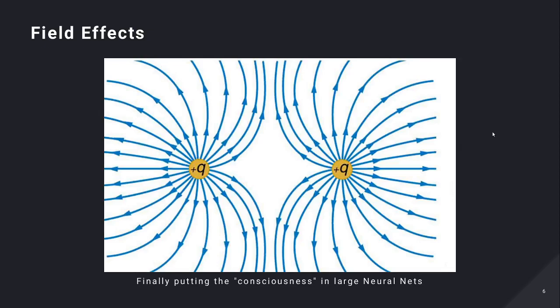As an illustration, but don't take this too seriously, this is an illustration of the electric field lines. These are the directions of the Poisson field around two positive charges.